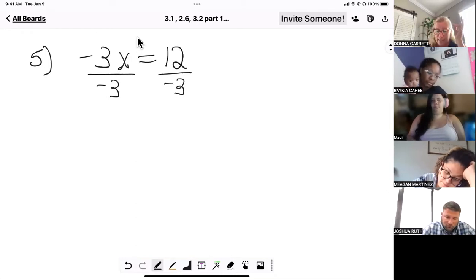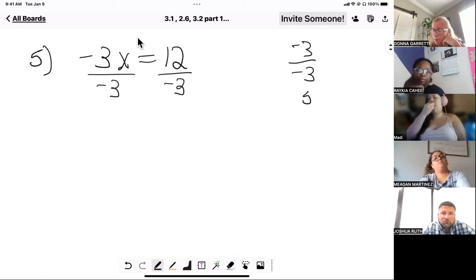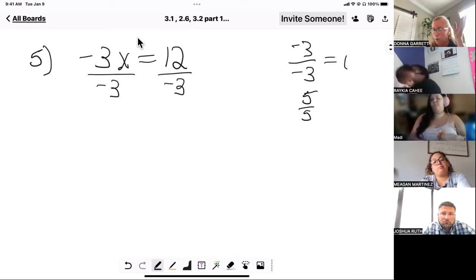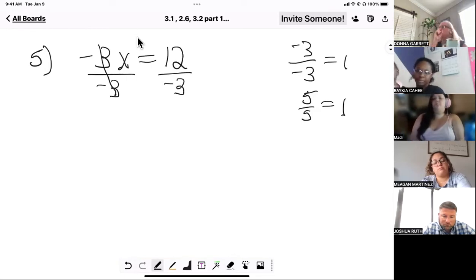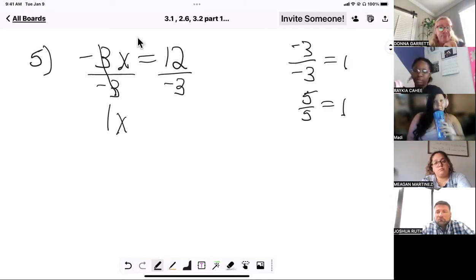What is negative 3 divided by negative 3? What is 5 divided by 5? Anything divided by itself is always equal to 1, right? So these will become 1x.